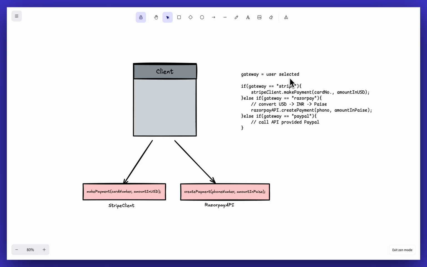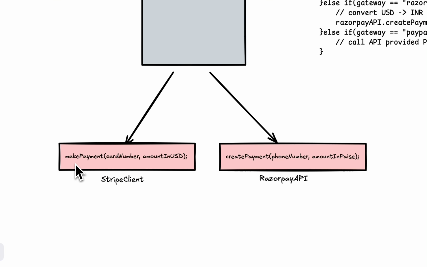So let's assume that you have an application which has a couple of payment gateways integrated. First is the Stripe payment gateway. Second is the Razorpay payment gateway. Now, Stripe payment gateway has provided you one API, and that API is make payment, and you have to pass the card number and the amount in USD.